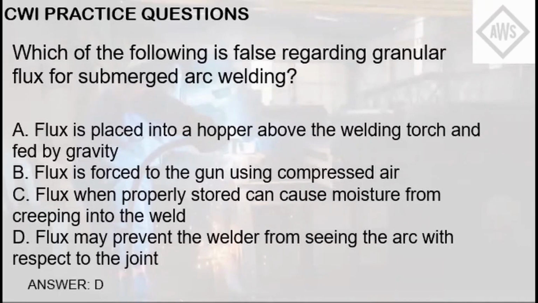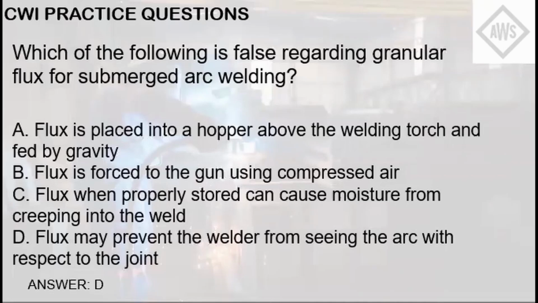So that's a typo. Flux for SAW is like a sand covering the weld. Its primary purpose here is to prevent moisture from creeping into the weld. As I've alluded to in the previous question, the flux needs a proper storage procedure, much like the electrodes needing to be stored in an oven, so as not to contaminate the flux.